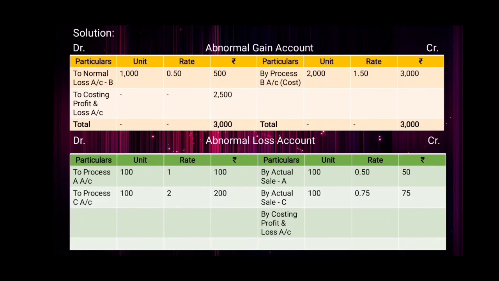And now the balancing figure will be transferred to costing profit and loss account. So the amount will be 175, which is coming on the credit side. Now let us take the total of both the sides. 200 units and total amount will be 300.